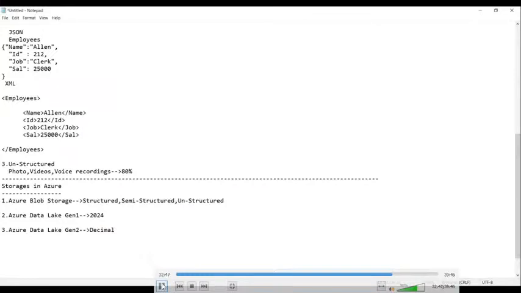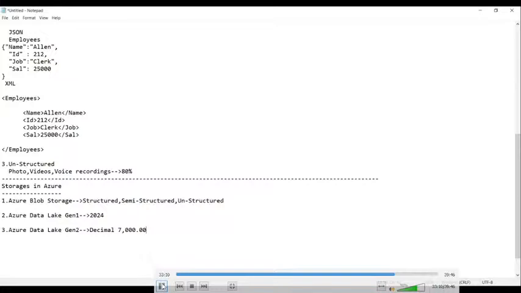In the source, decimal is accepted. What do you mean by decimal, guys? I'm writing a number here: 7,000.22. This is the data accepted in the source, that is, in the source file it is like this.